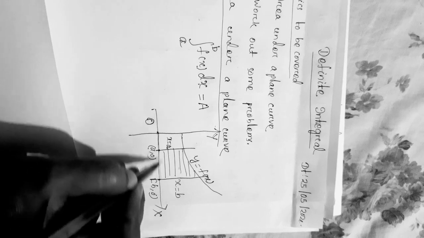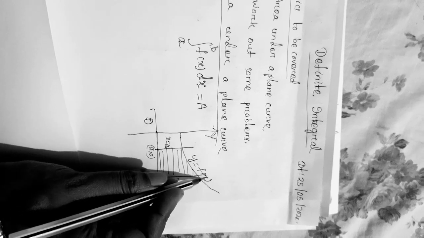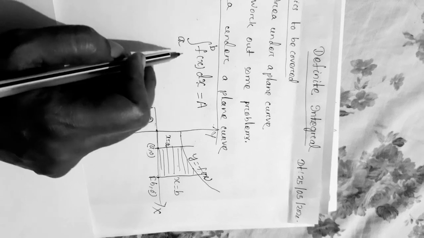That is, to find the area of this bounded region bounded by the curve y is equal to f of x, the line x is equal to a, the line x is equal to b and the x-axis, we have to evaluate this definite integral.